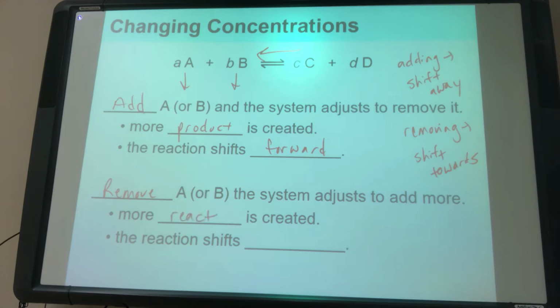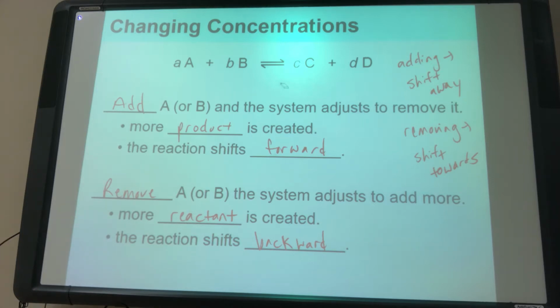So more reactant is created, so it's going to shift backward, or to the left, or reverse. Any of those are fine. Same idea: if I remove C or D, I want to make more of it, so I'm going to shift towards it. So now I'm shifting to the right, or forward.